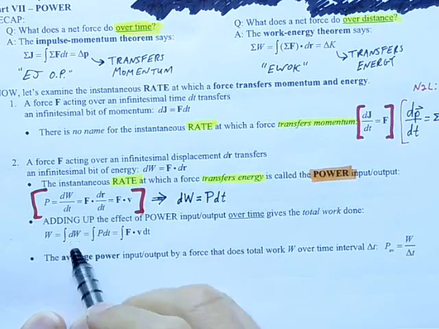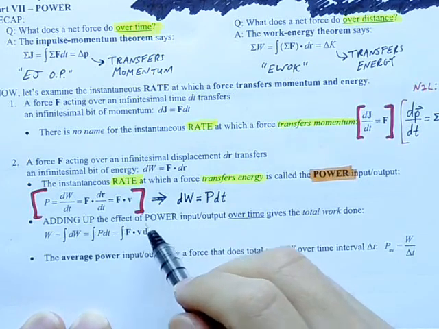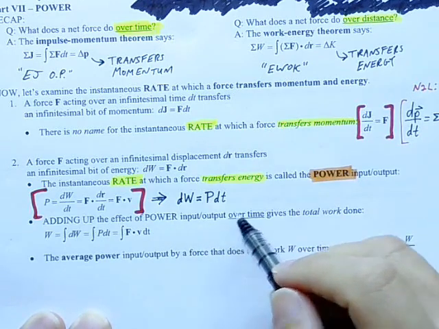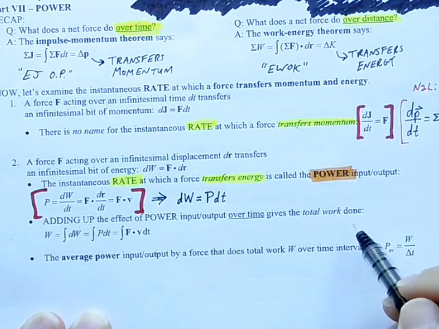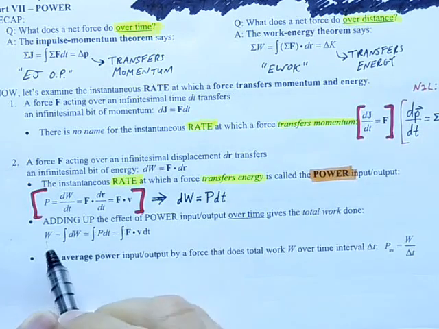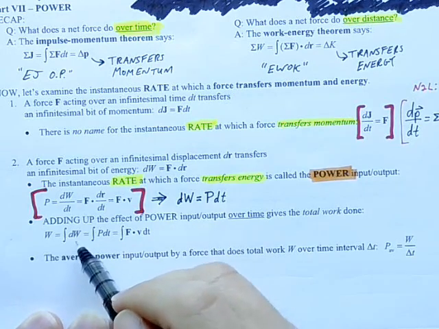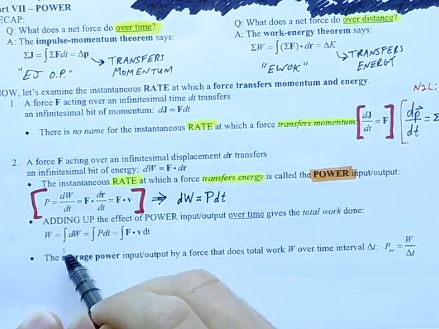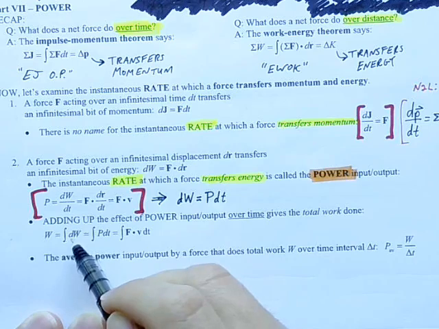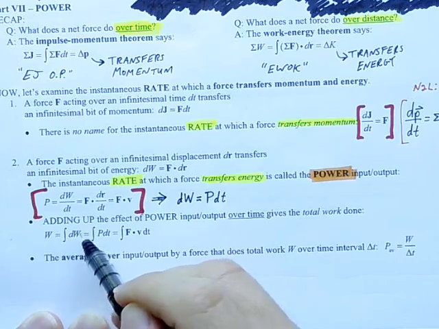So adding up the effect of power input or output over time can give us the total work that's done over some interval. So the total work done over some interval comes from adding up all the little bits of work that are being done. Interval means adding up an infinite number of infinitely small things, so add up all those little bits of work.